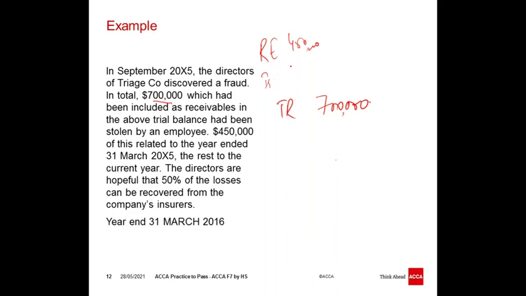And in the income statement, there is a difference of 2 lakh. This amount should be adjusted against the opening values of retained earnings.